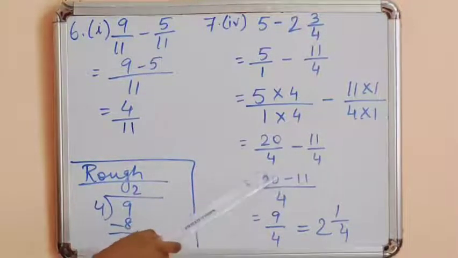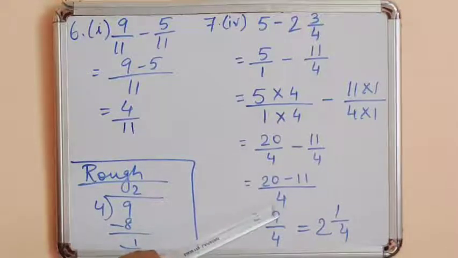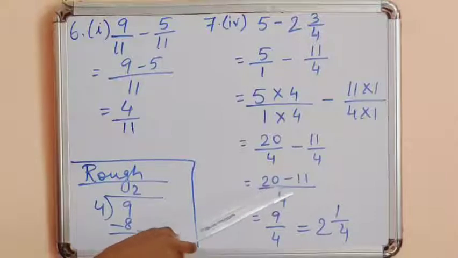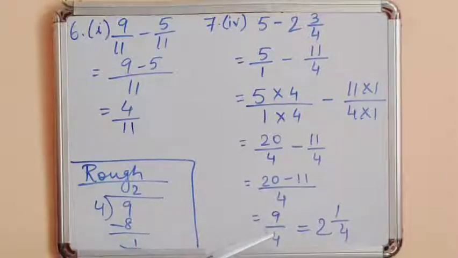Now if you subtract these two, 4 is common, so 4 will come in the denominator and 20 minus 11 in the numerator. 20 minus 11 is 9. So we got 9 by 4. I have shown the rough here. If you divide this, 4 2s are 8, 9 minus 8 is 1. So you will get 2 in the quotient and 1 as remainder. So the answer will be 2 1 by 4.